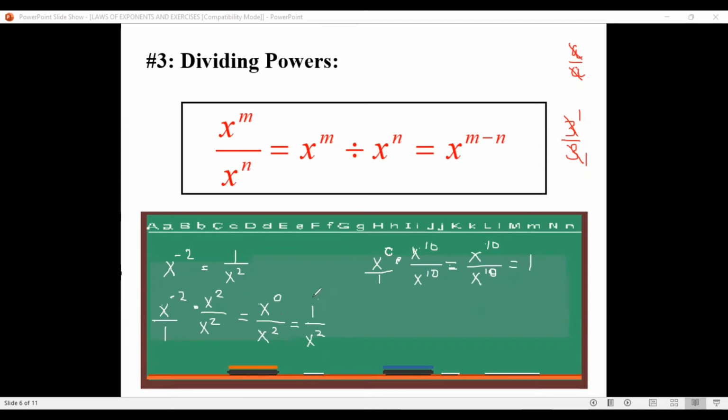So our question is already answered. The 1 over x raised to the second power is the same as x raised to negative 2. And when you have x raised to 0, or any number raised to 0, it's equivalent to 1.